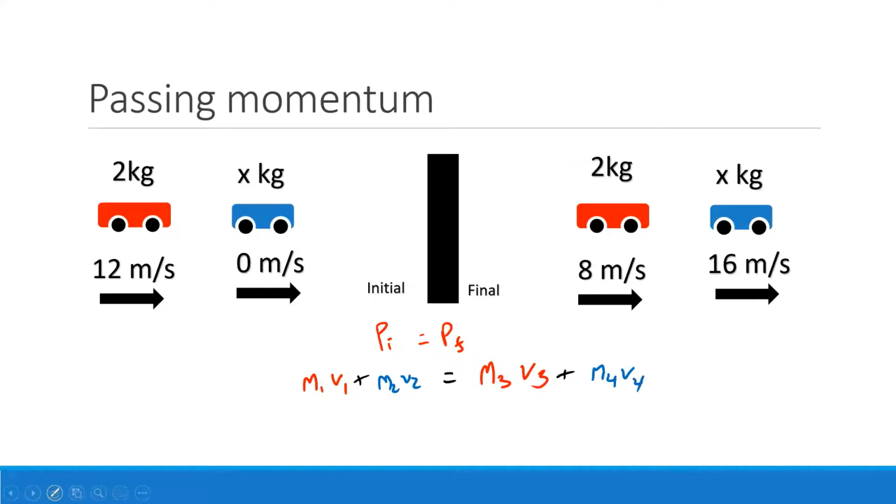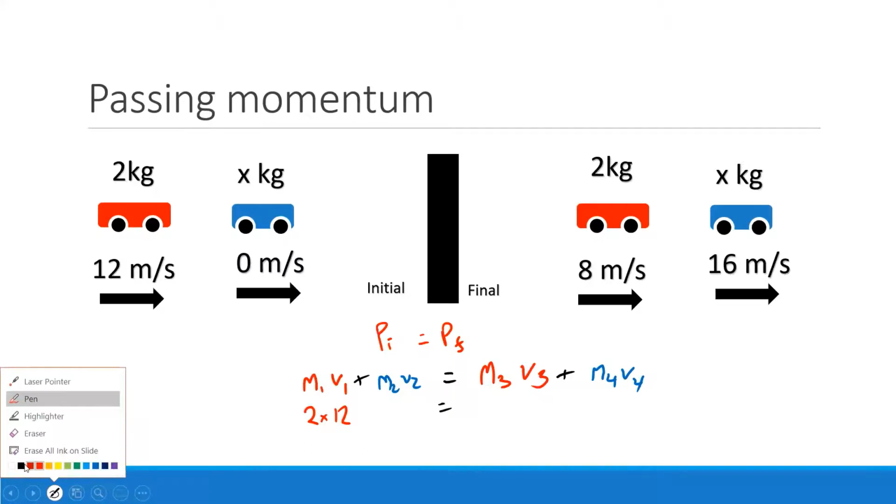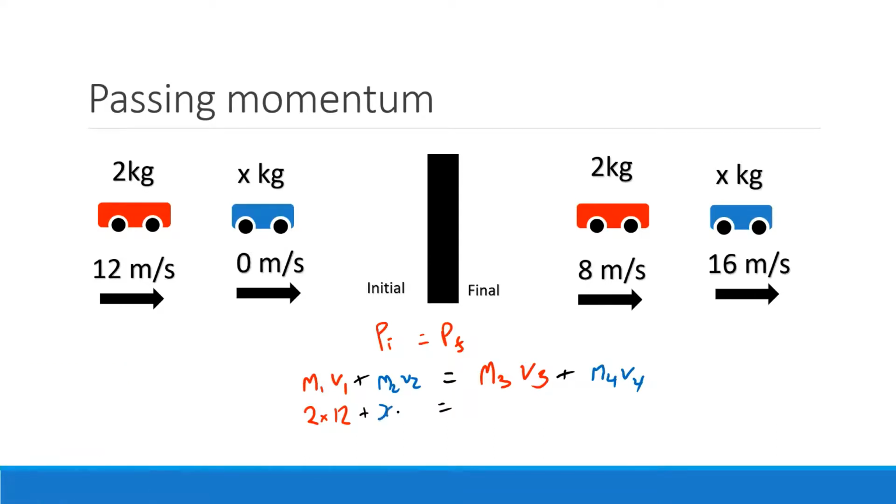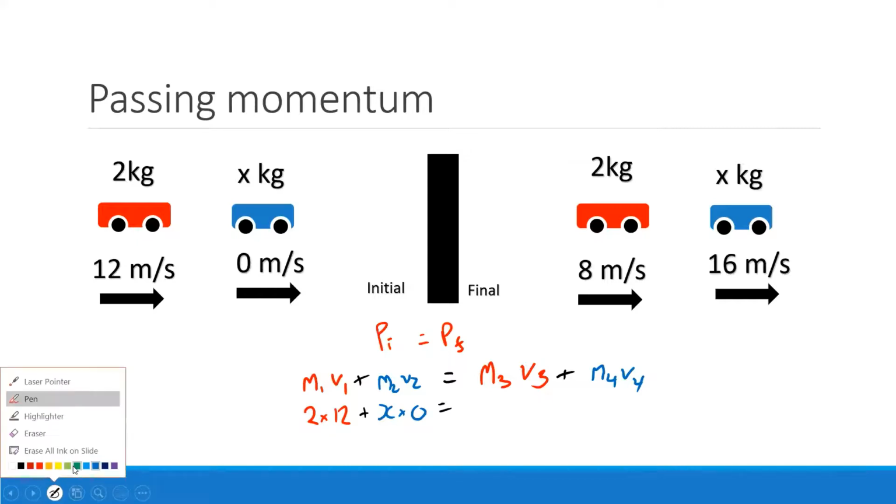So now let's plug in some values. We know that the red cart has a mass of 2 and it's initially moving at 12 meters per second. We know that the blue cart has a mass of, we don't know, in this case it's X, and it's moving at 0 meters per second. Great, so that's going to cancel anyway.